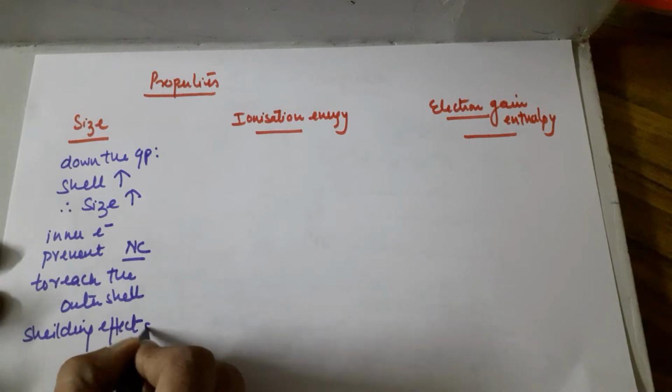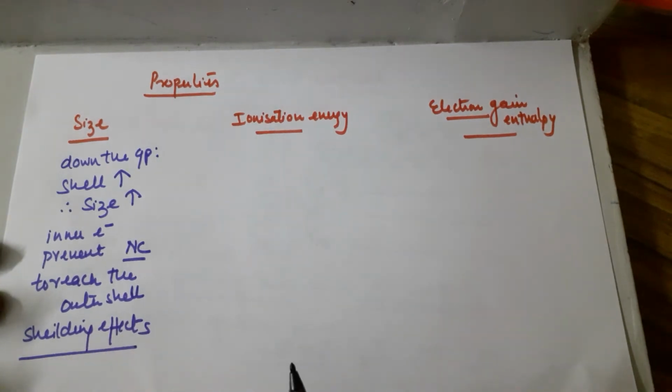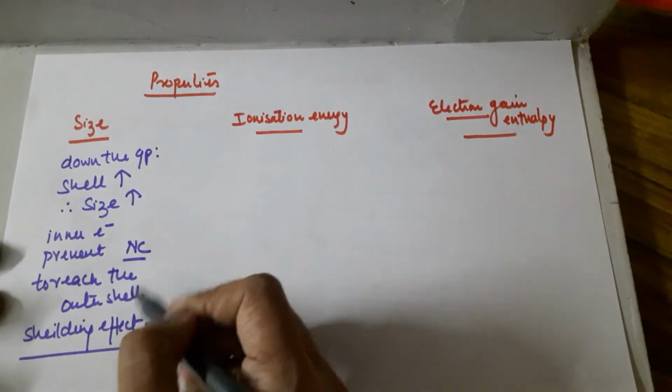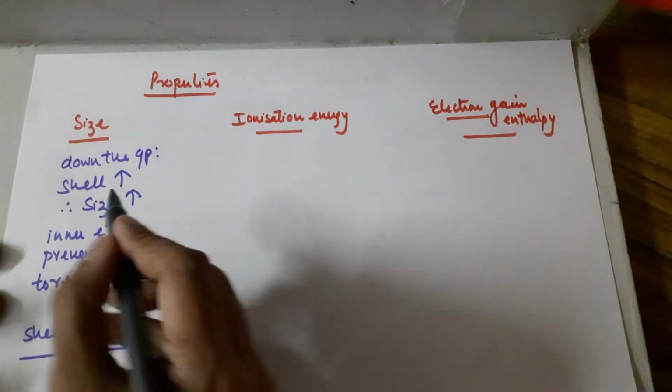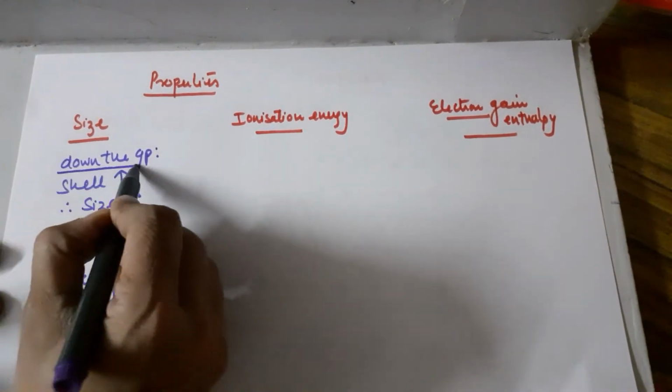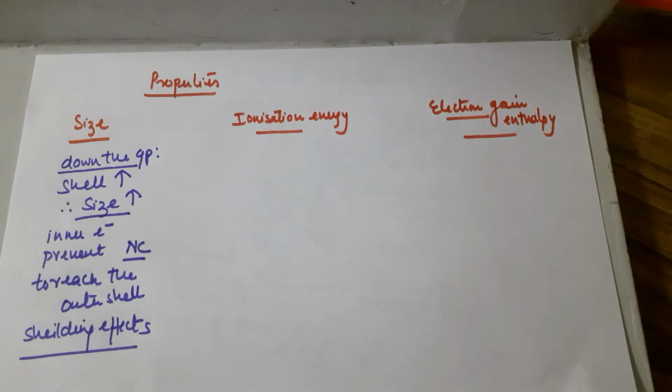So as the shells are increasing, the inner electrons protect the outermost shell from getting attracted by the nuclear charge. Hence, the size would always increase when we talk about down the group.